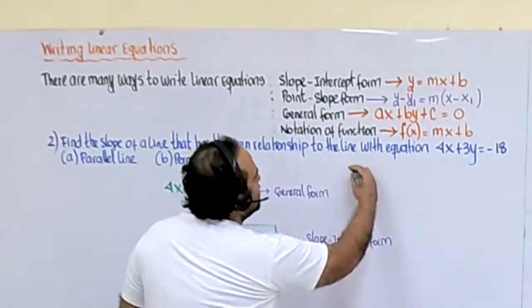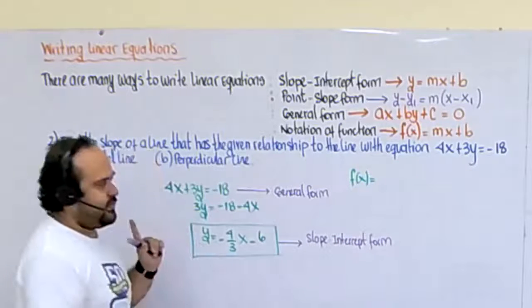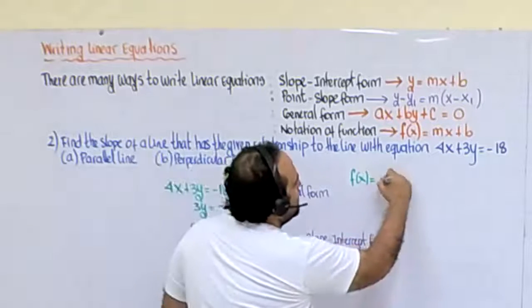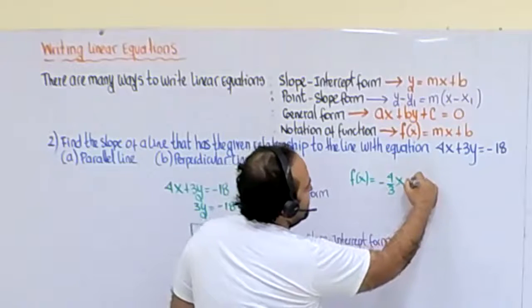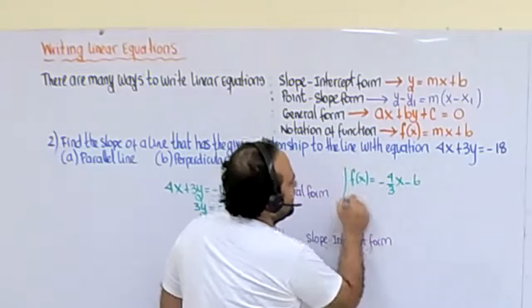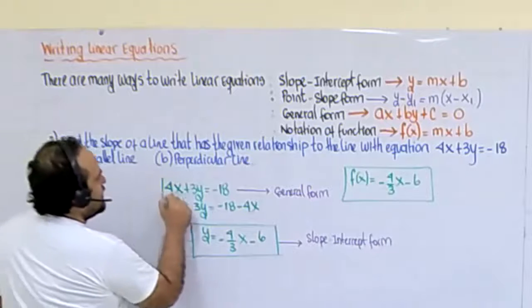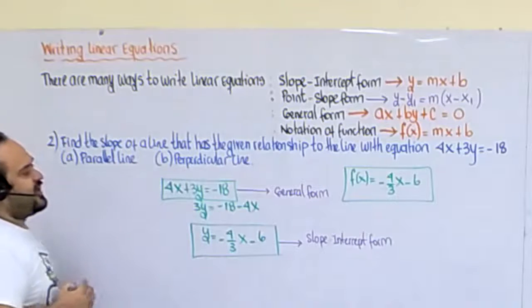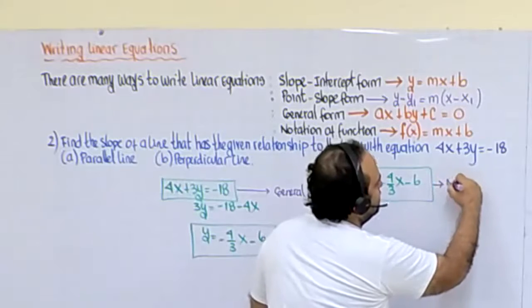In function notation, f(x) in place of y will be equal to negative 4/3 x, negative 6. So this equation, changing y by f(x), is what we call notation of function.